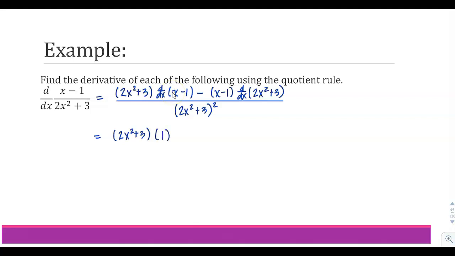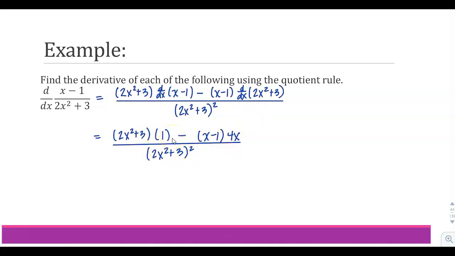So this is times 1 minus x minus 1. Notice that I'm keeping all binomials in parentheses. That's important. And then the derivative of 2x squared plus 3 is just 4x. And then all over 2x squared plus 3 squared.